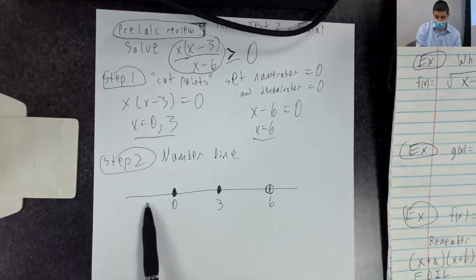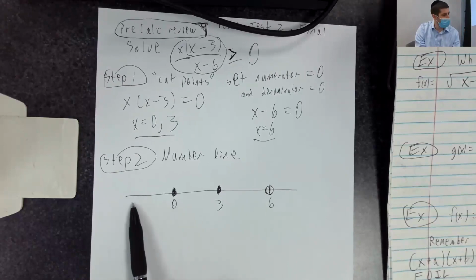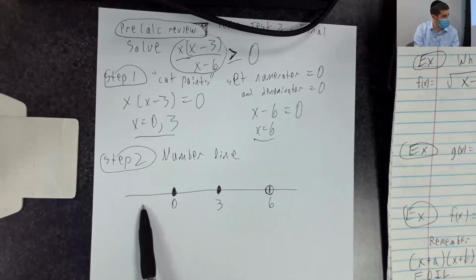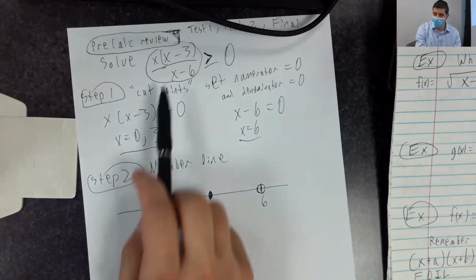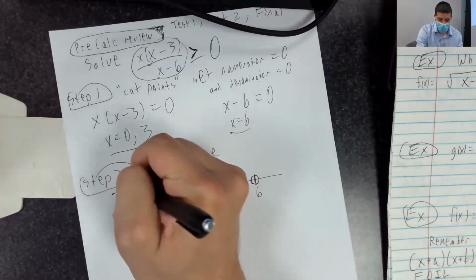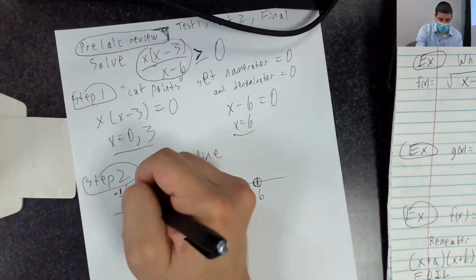Okay, here's what I mean. I could pick a simple number in this region, less than 0. Let's pick -1. If I plug in -1, I get -1 times -1 minus 3 over -1 minus 6.